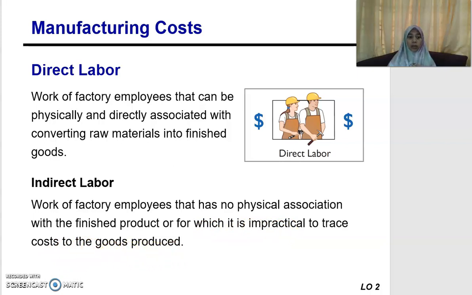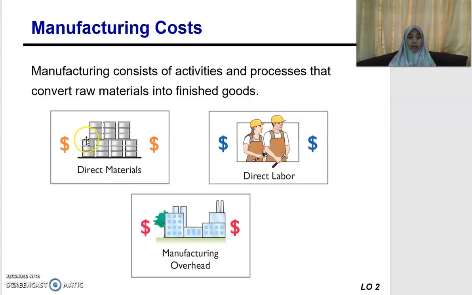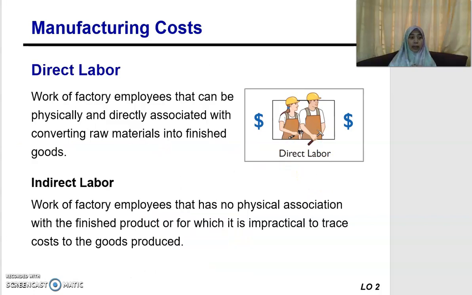So for your material, you have direct and indirect. The second one, you have direct labor and indirect labor. Direct labor means the labor that you can directly trace to the final product, whereas indirect labor is the labor that you cannot trace directly to your final product.